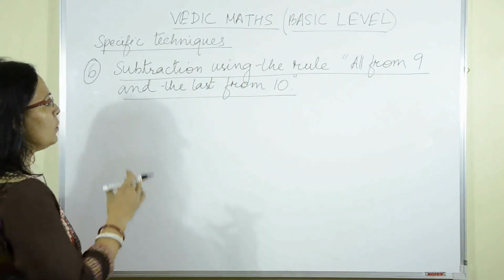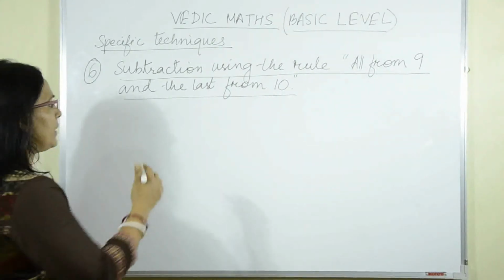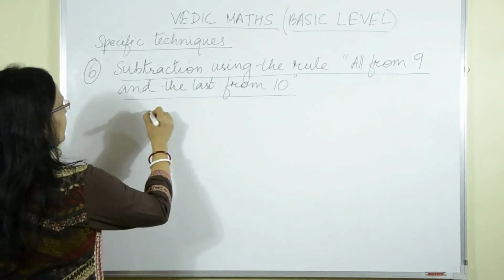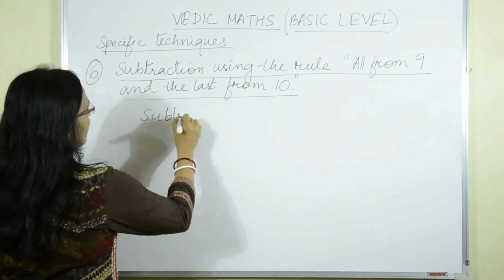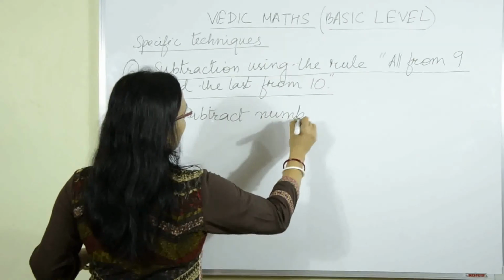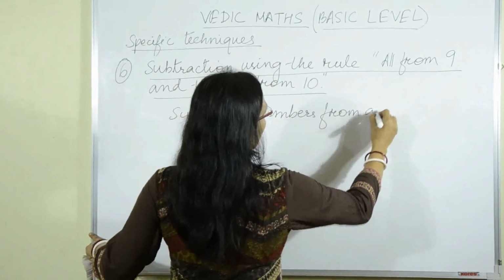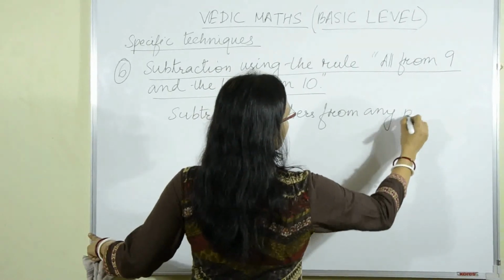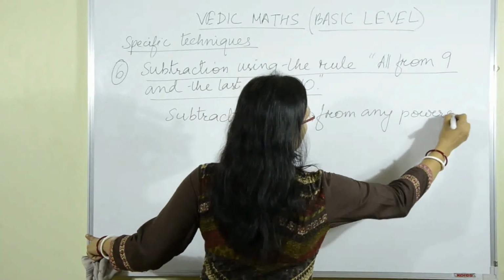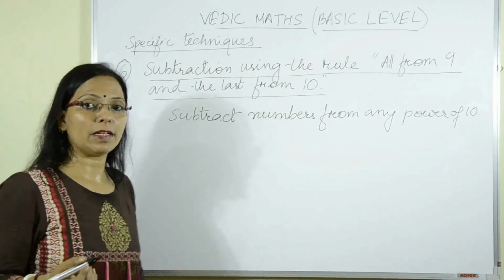The limitation is, what if we have to subtract a number from any power of 10? This method is used to subtract numbers from any power of 10. Now this is applicable to decimal numbers as well.